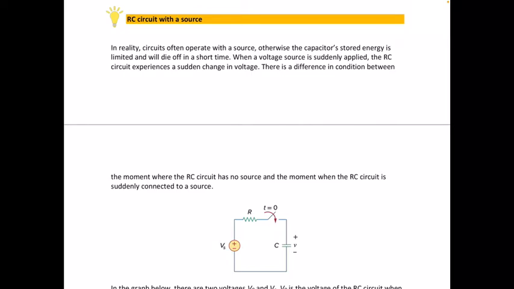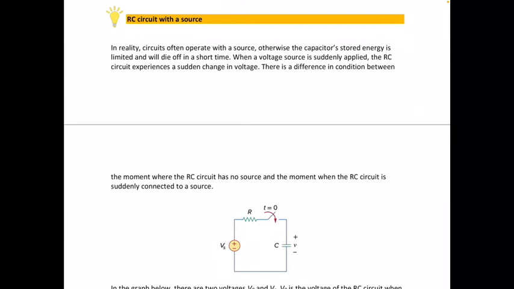So unlike source-free, where our voltage would just die down, in an RC circuit with a source, our circuit experiences a voltage rise. So there's a difference in conditions between the moment where the RC circuit has no source and the moment where the RC circuit is suddenly connected to a source.